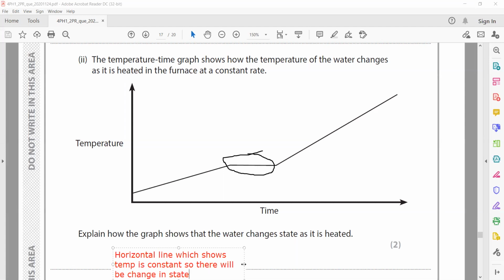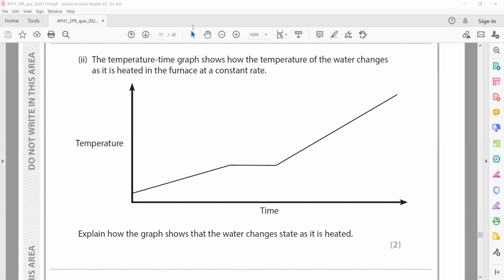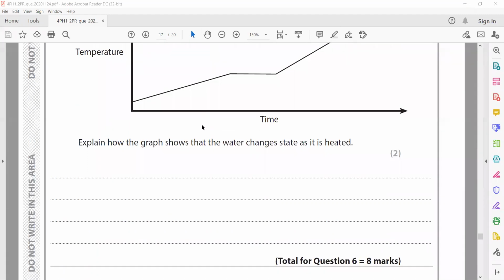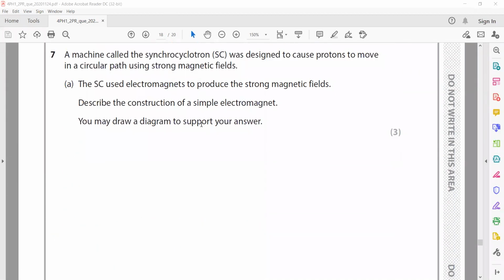Whenever the temperature is constant, it means there is a change in state, because during a change in state there is no change in temperature. We can identify it as the horizontal line, with time on the x-axis and temperature on the y-axis.